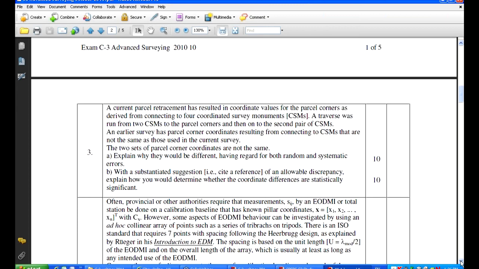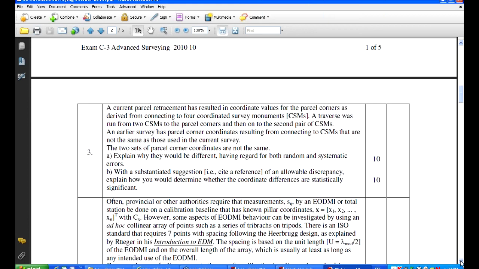And so in some provinces, for instance, they have very large margins of compatibility where if you go into an area and resurvey it and come up with different coordinate values within a very large amount, you say that you've really found the same points in the same positions and you use the older coordinate values. Because the coordinated monuments were probably coordinated several decades ago using much less refined methods. That's basically answering 3A.